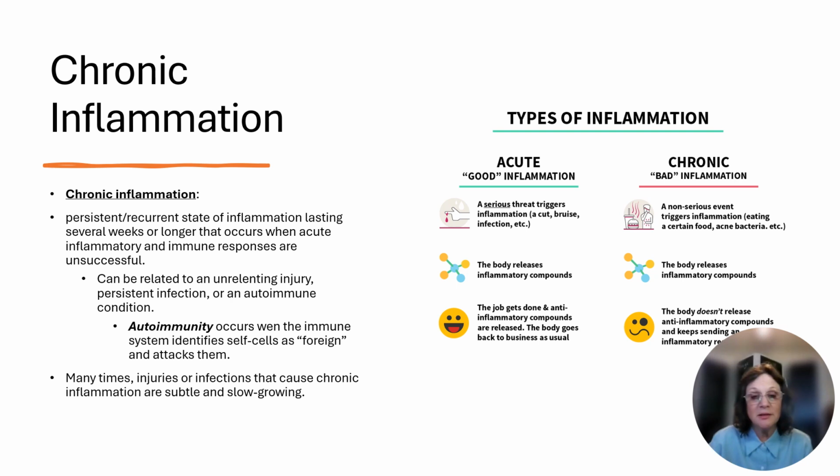It can be a persistent infection that we're not able to get under control, or maybe they have an autoimmune condition. Autoimmunity happens when the immune system identifies itself or its normal cells as foreign and attacks them. So many times these injuries or infections cause chronic inflammation, and they make the injuries and the wound very slow healing.